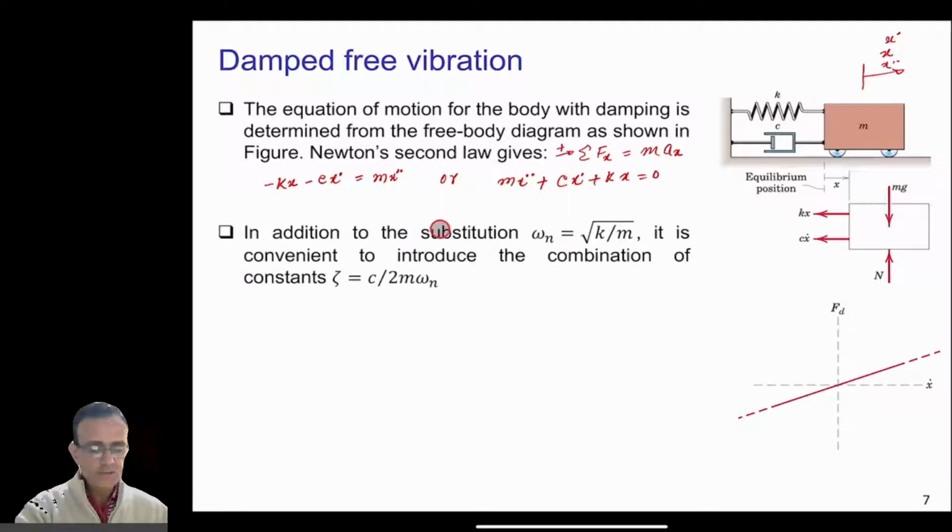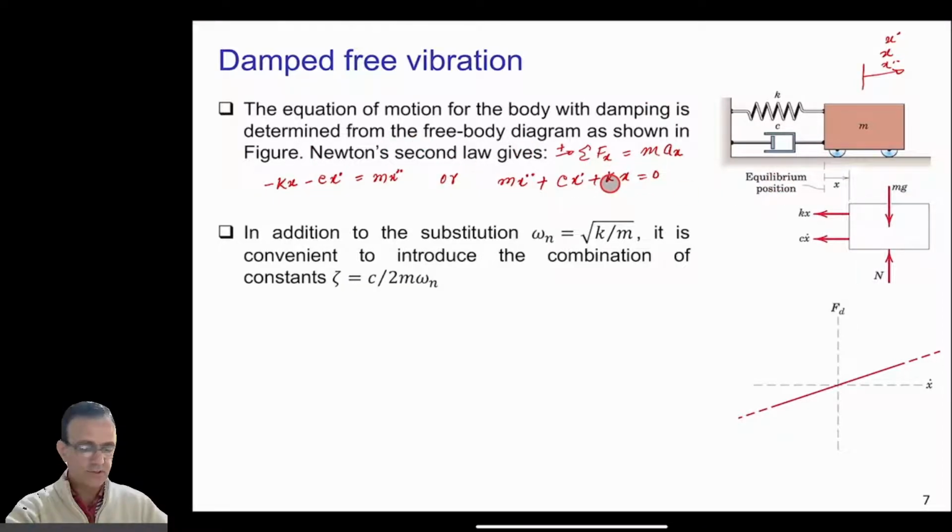Okay, so now in addition to this omega n, which we introduced in the previous case, here we will also introduce another constant, which is zeta. And zeta is equal to c divided by 2m omega n. So if we introduce this in this equation here, you will see how this equation will change.